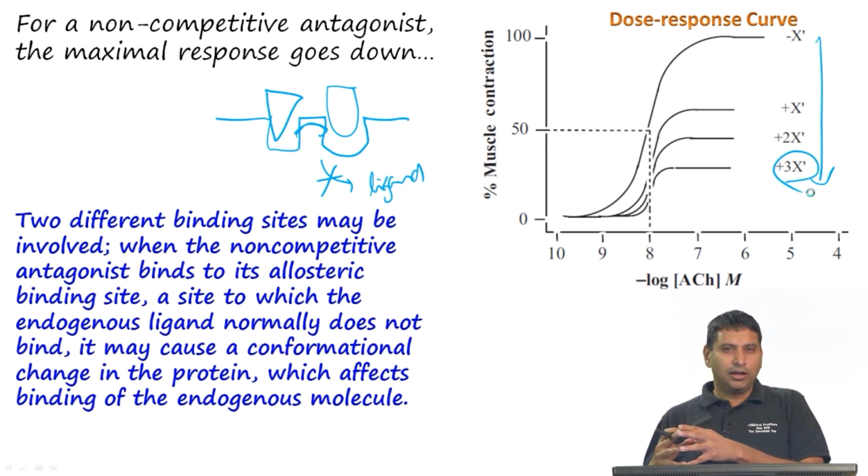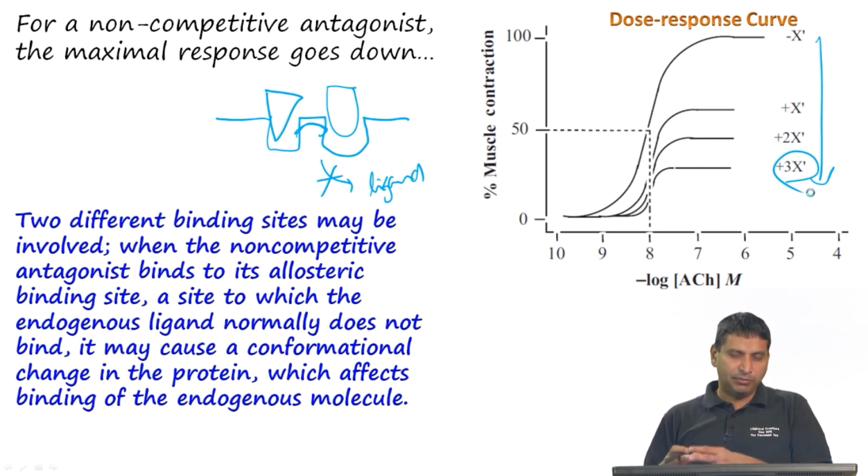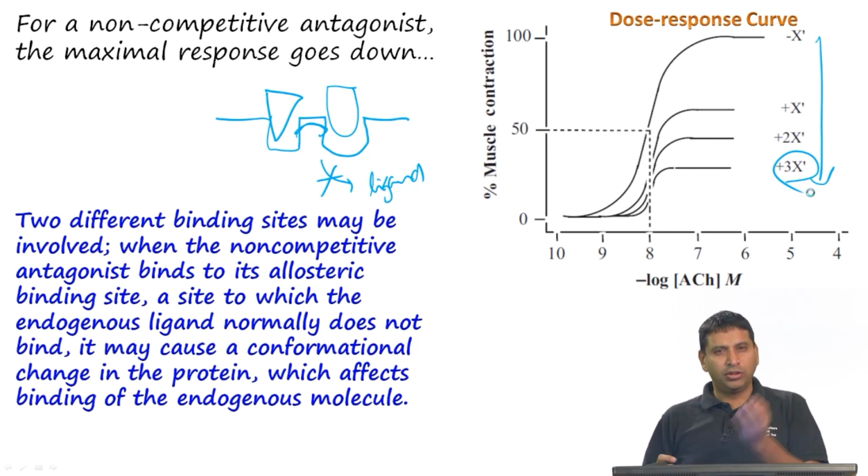The way in which we distinguish a non-competitive and a competitive is that when the ligand is competing for the same site, then when you increase the natural ligand concentration, at some point it will displace all the drug, and it should be able to restore the activity, or the activity of the receptor should be 100%, or the phenotype that we are looking at here, percentage muscle contraction, should be 100%.